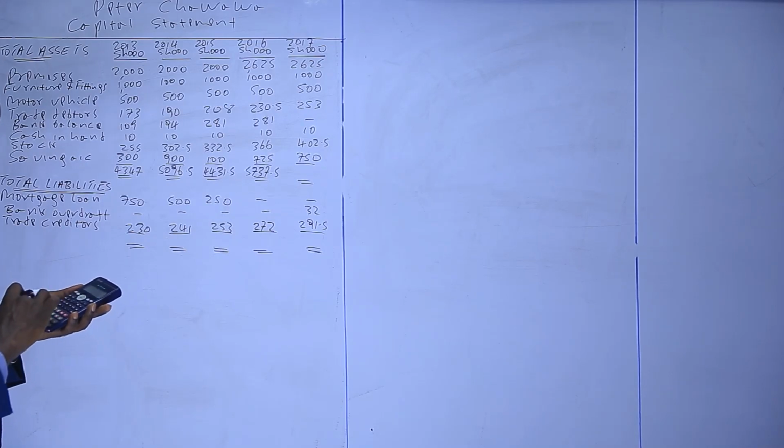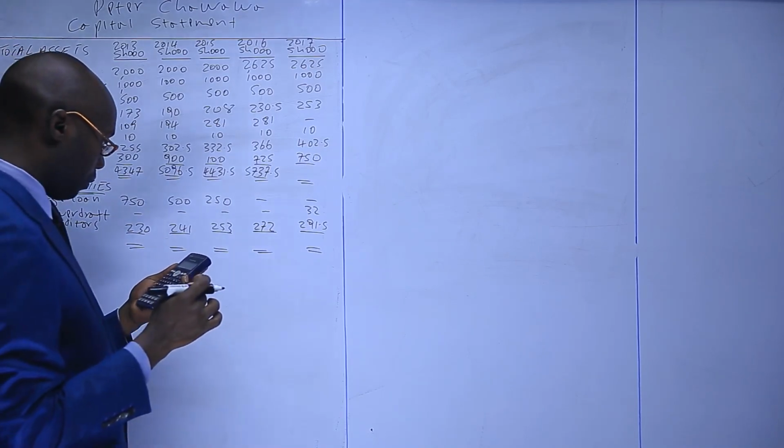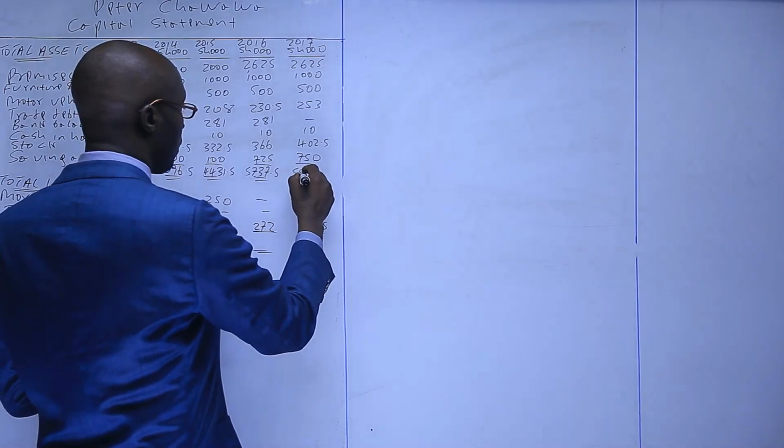Next is 2625 plus 1,500. That is the 1,500 plus 253 plus 10 plus 402.5 plus 750, giving 5540.5.